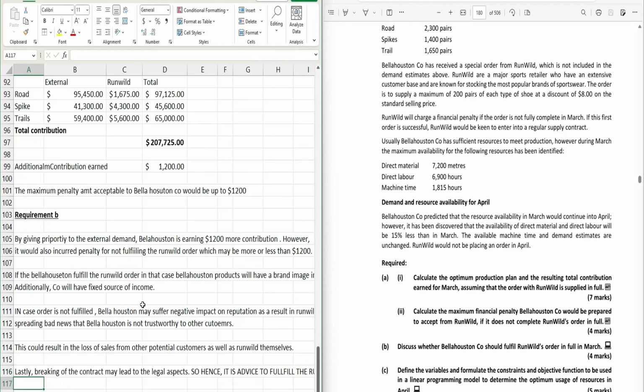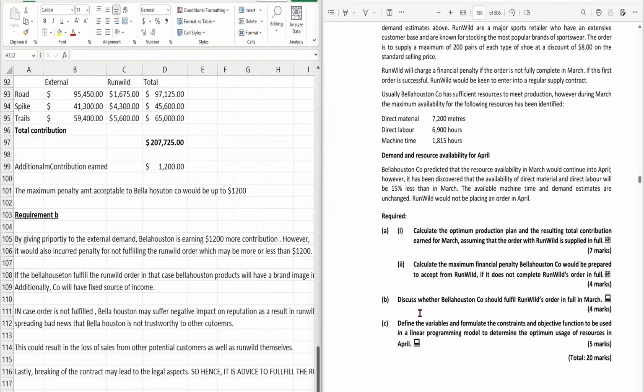So this is the way you can attempt this kind of question, right? You might have a different point, like you may say not to fulfill the order, but you need to come up with points to support that conclusion. So this is the way you can attempt the B1.